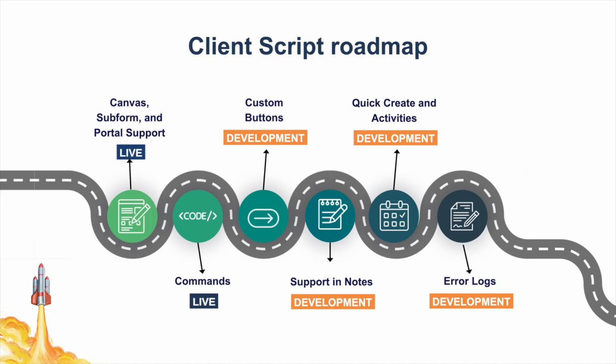Support in notes. So you can already start to think about things that would happen there, right? Taking all of these notes, giving me a summary of that without having to use Gen AI or send that over to OpenAI. So taking that data, compiling some notes, or giving me a summary of all of those notes out there, maybe formatting it and sending it to another system. Quick create and activities.